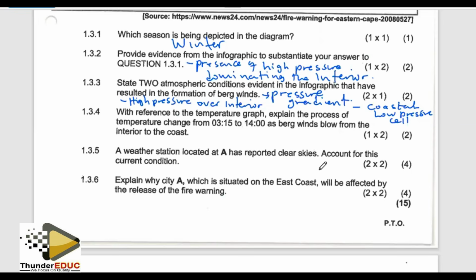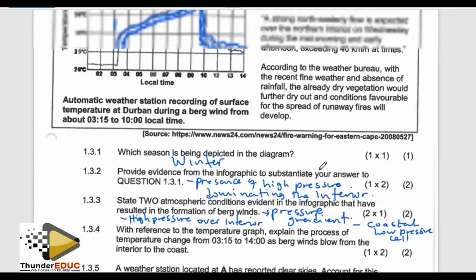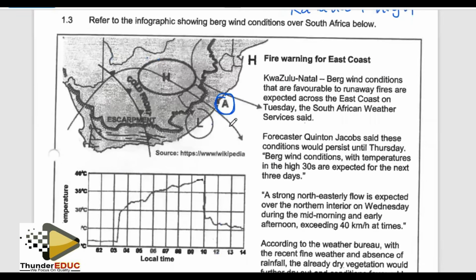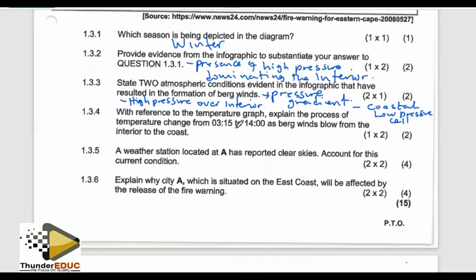1.3.6, it says, explain why city A, which is situated on the east coast, will be affected by the release of fire warning.